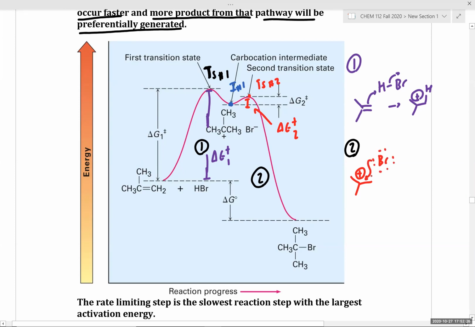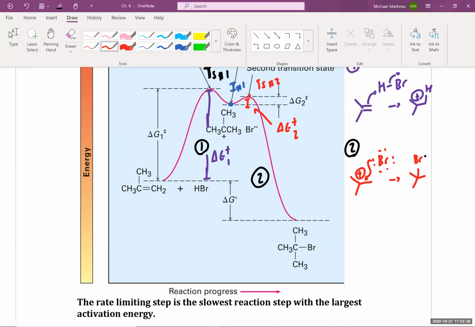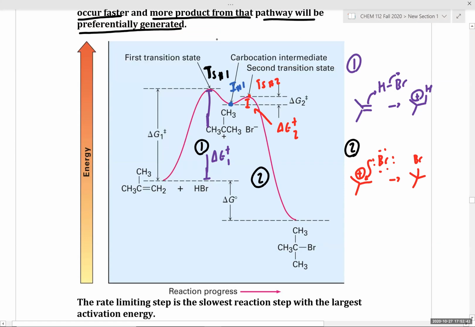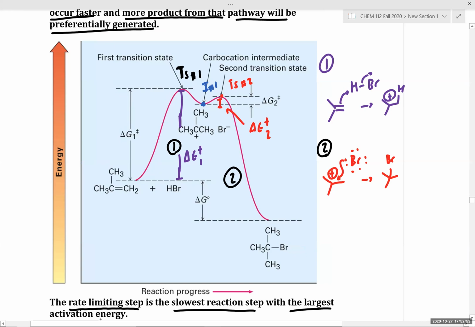What's really important to consider is that the selectivity and rate of a chemical reaction is controlled by what is known as the rate limiting step, which is the slowest reaction step with the largest activation energy.